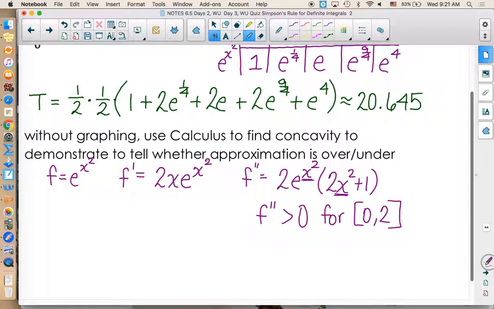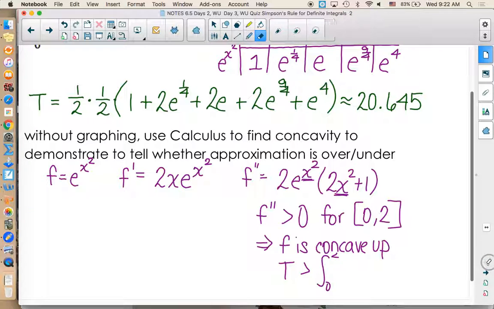Okay, even if I put in 0. And therefore, I'm going to get something that is an overestimate here because it's concave up. So f is concave up, 0 to 2. So our trapezoid value for T overestimates. So our value is actually greater than what our actual integral value should be.